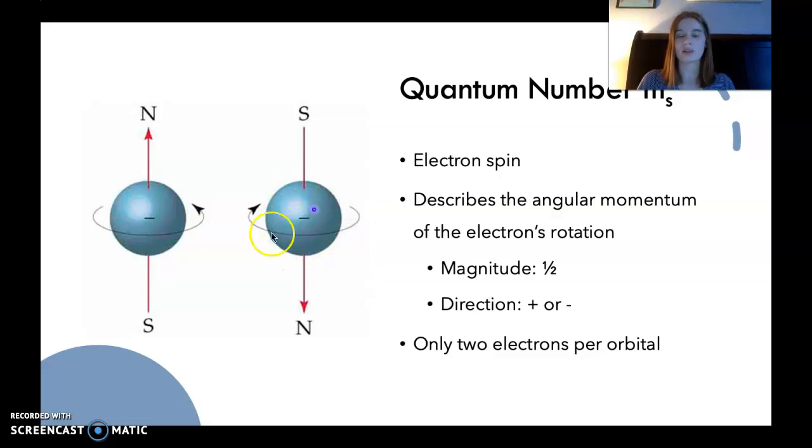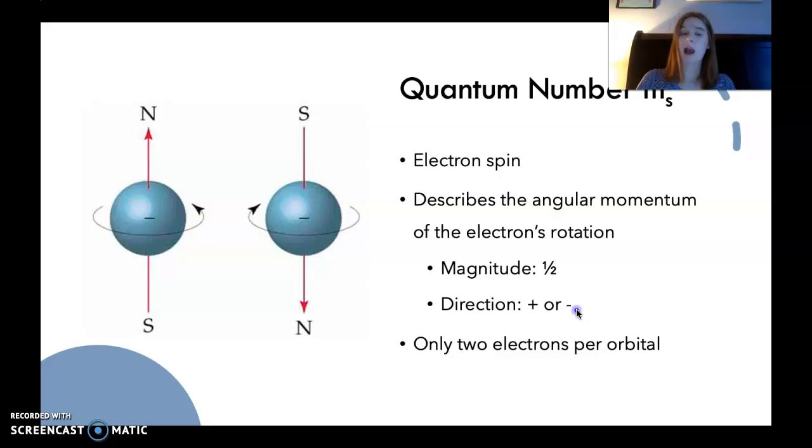So electrons do the same thing. They spin along their own axis. So this quantum number, m sub s, just describes the angular momentum of that electron's rotation. They always have the same magnitude, 1/2, but they can have either a positive or a negative direction, so spinning up or down. That's one way to think of it.